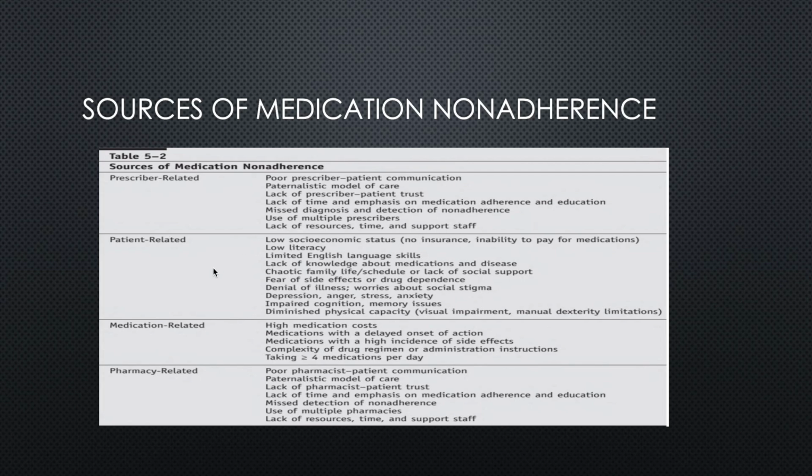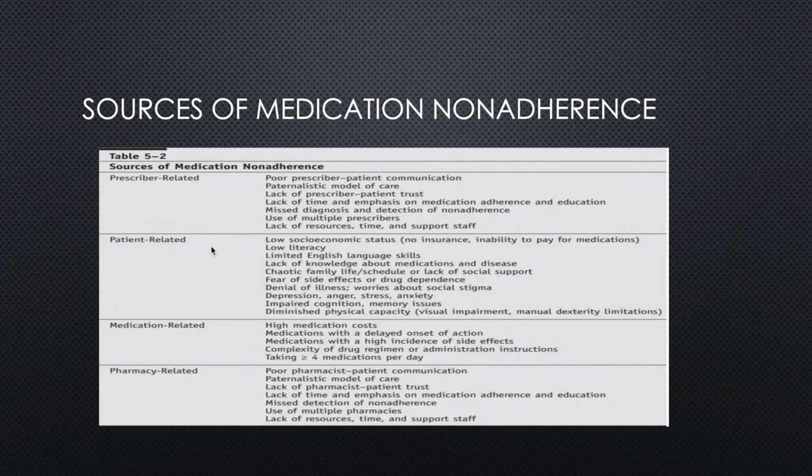Lack of knowledge about the medications and their disease. They may not have been told, or may not have been told very well, what they have and why the medications are so important to take for their disease.